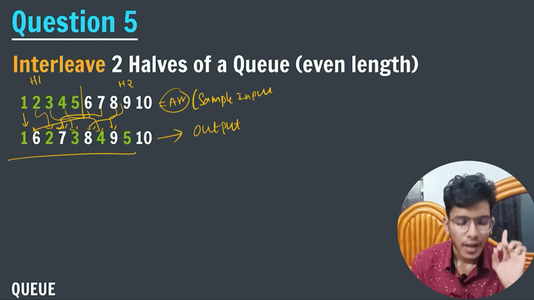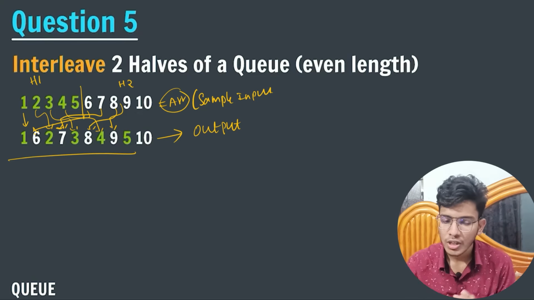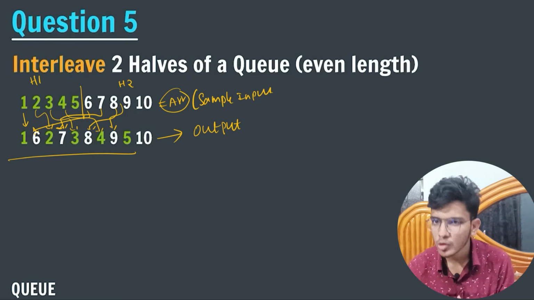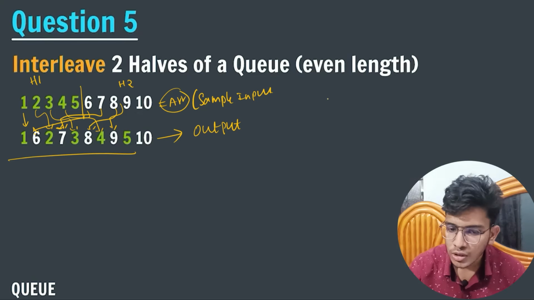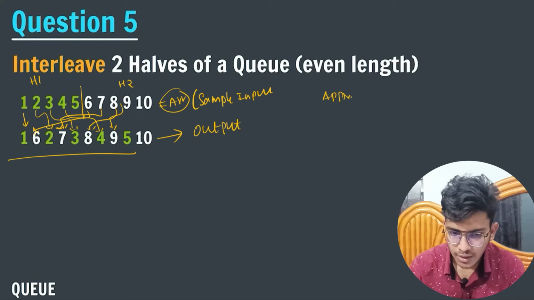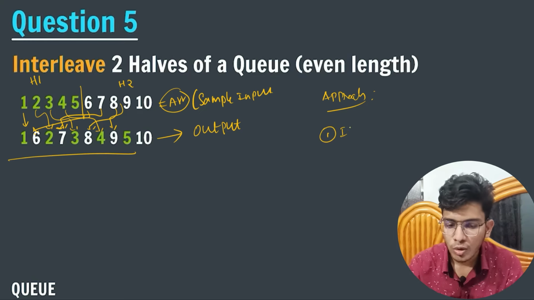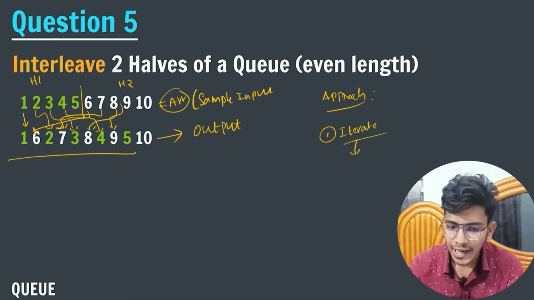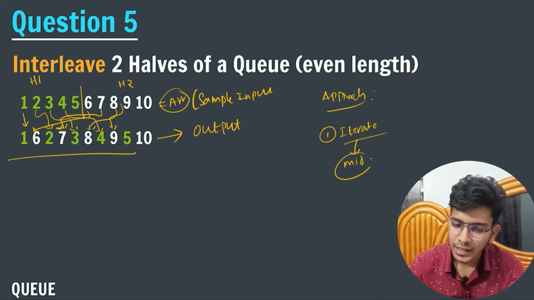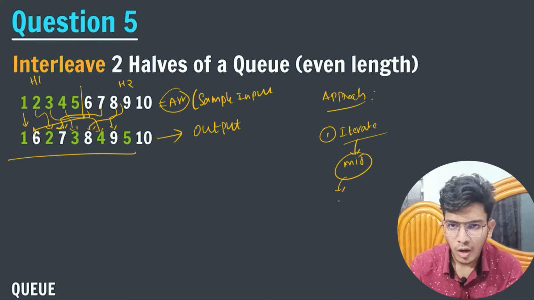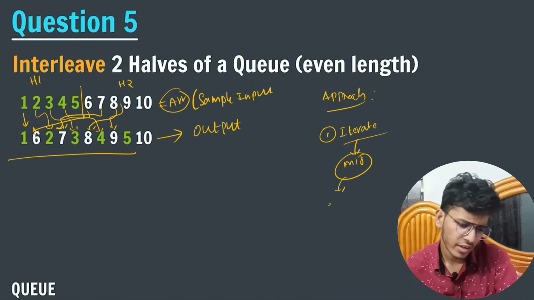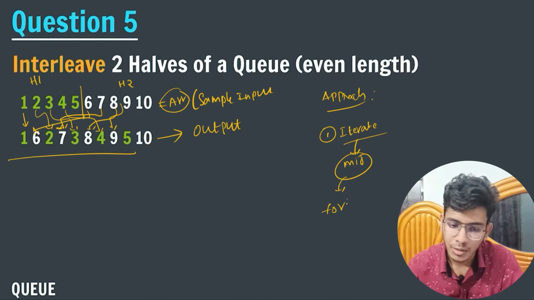Okay, now after understanding the question, let us talk about the overall approach. So first of all I will iterate through each and every index of my given array. As I iterate, I will first of all calculate the mid value, and I will run two loops, or I can run a single loop using two iterative variables.